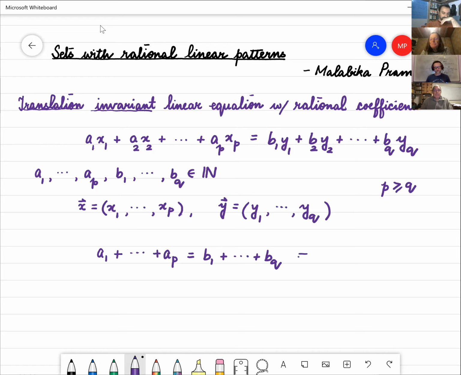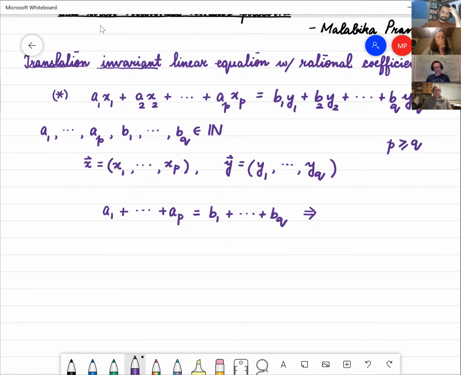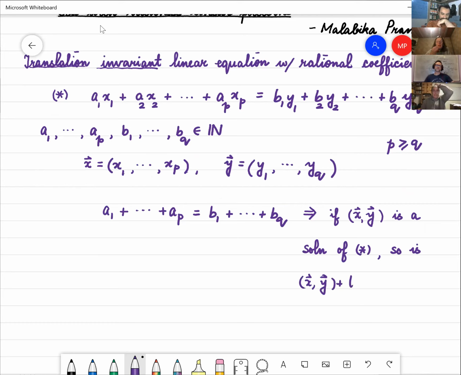Well, what this implies is that if x comma y is a solution to this equation star, and I will always refer to this equation star throughout my talk, that means that if xy is a solution of star, so is xy plus t for any t in the reals.